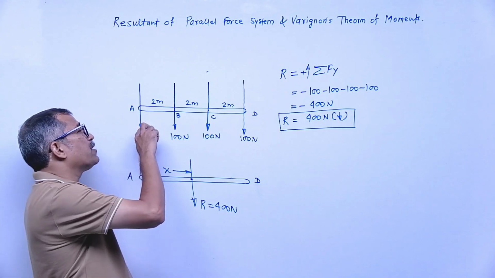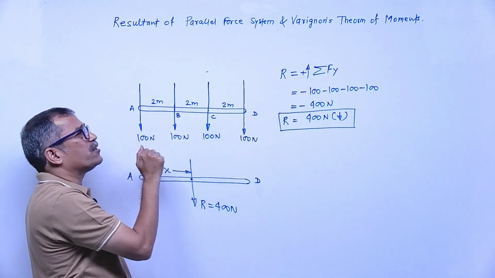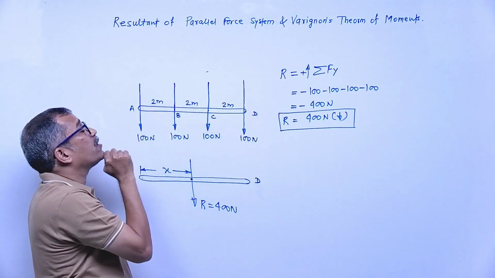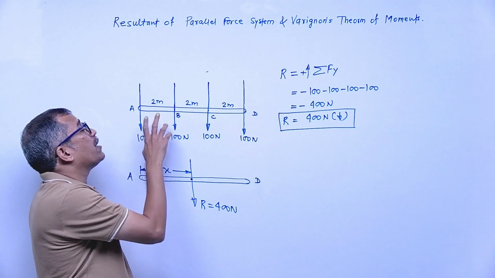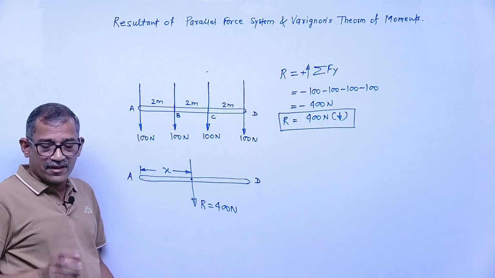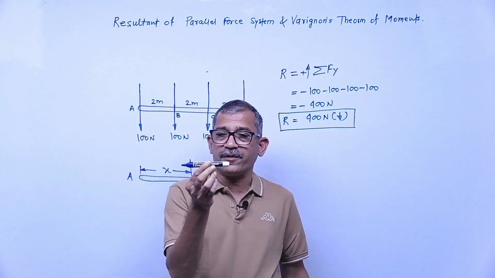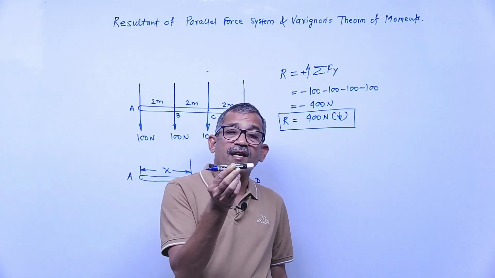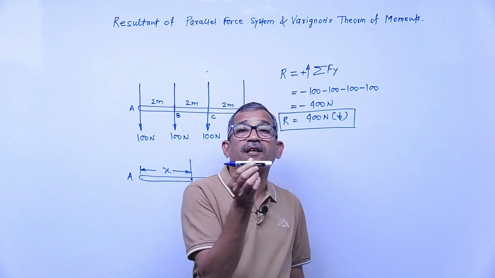See here, in a non-concurrent force system the forces are not passing through a single point. What is the effect of all the forces? One is translatory motion, the other is rotational motion. Translation: suppose the body has a resultant acting in the rightward direction, the body will translate in the horizontal direction.